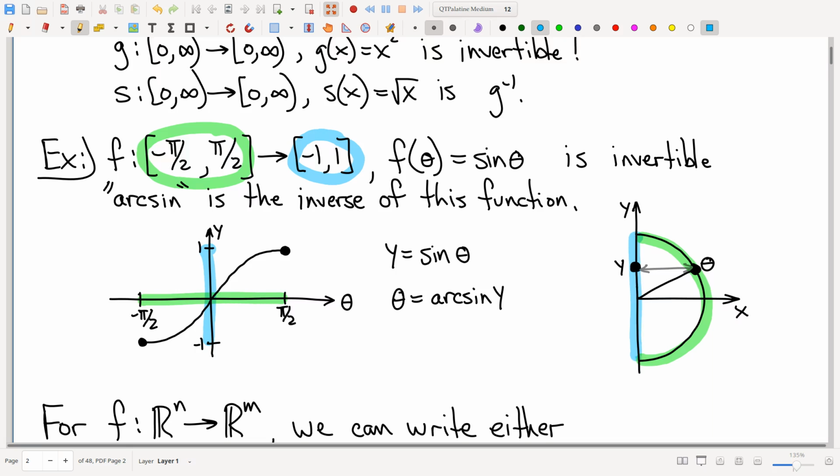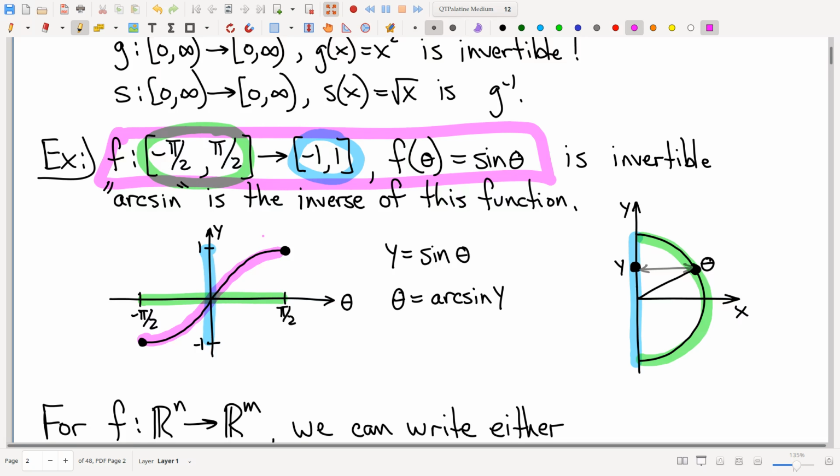Namely the actual y-coordinates of points on the unit circle. Right? And if you restrict your attention like that, then this is what I call the invertible sine function. This function, here's its graph.